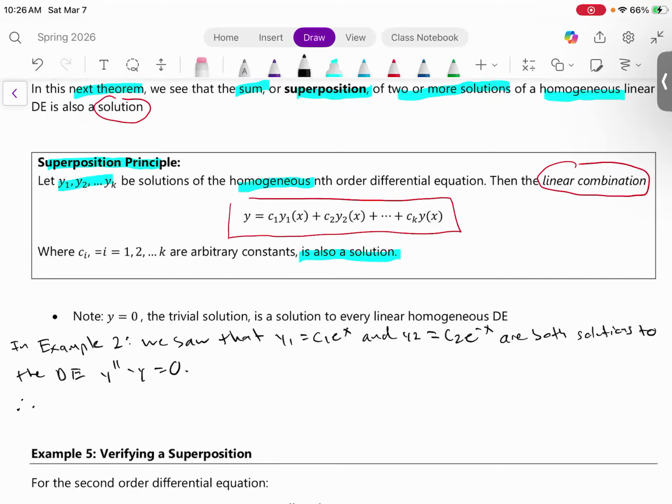Therefore, by the superposition principle, their linear combination is also a solution.